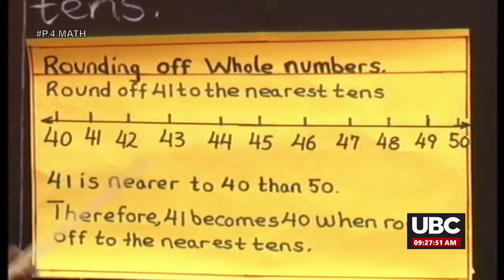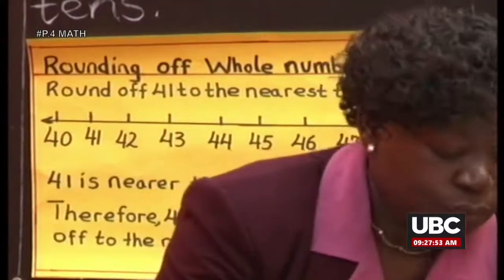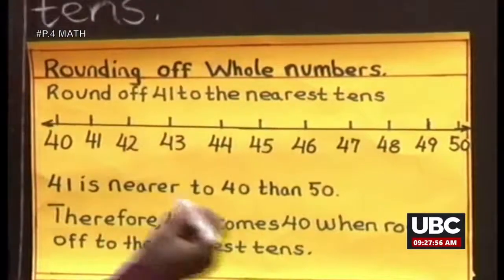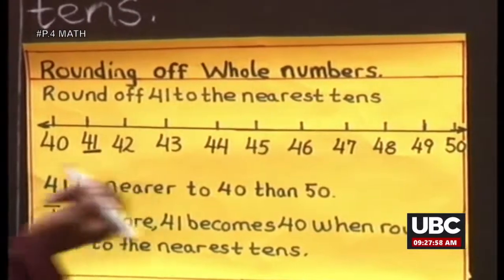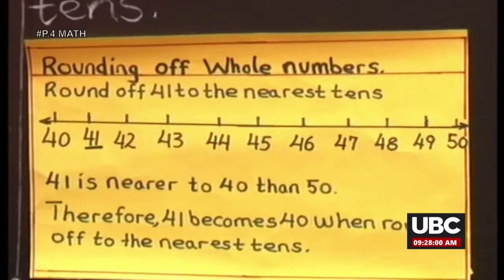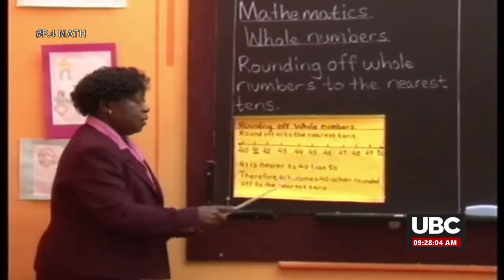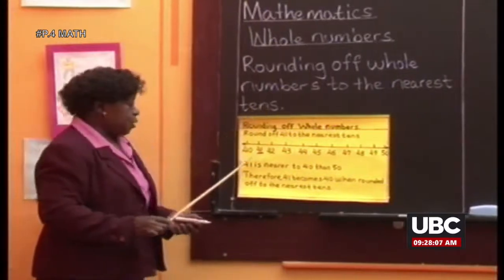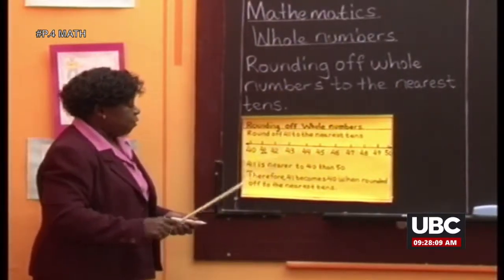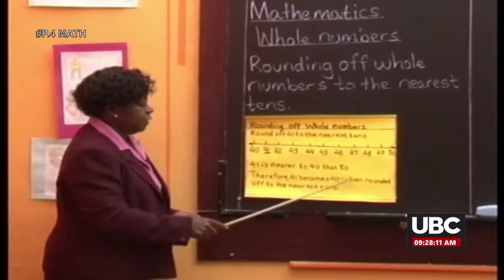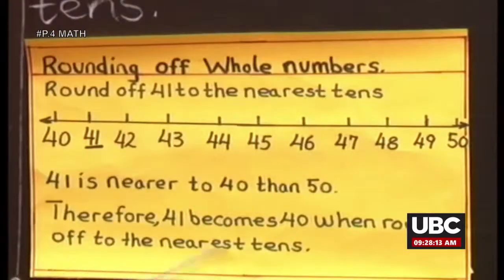And our 41 is here. I think 41 is nearer to 40 than 50. So, therefore, 41 becomes 40 when rounded off to the nearest tens. When you round off 41 to the nearest tens, you get 40 and not 50.